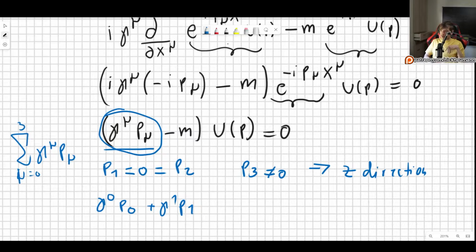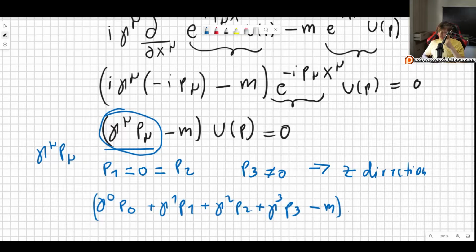But since we are going to encounter this so often, we use Einstein's convention, and that is that we just don't write the summation. But you have to keep in mind there is an implicit summation. So this is the multiplication of these, going through every single one of those indices. That's incredibly important for you to know. And then minus m, and all of this times u(p).